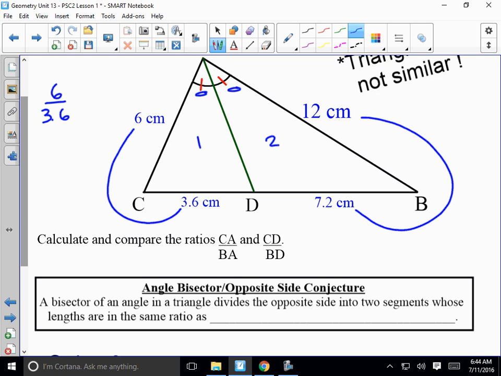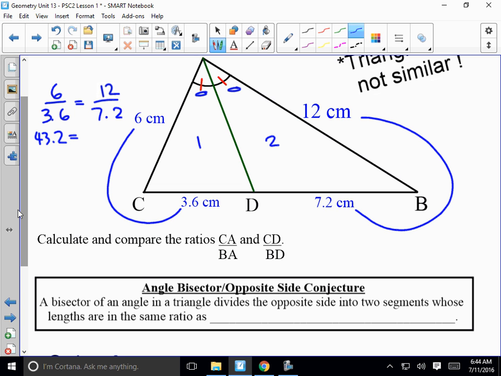So 6 over 3.6, the side over the base length, equals the side of 12 over the base length, 7.2. Now, some of you might have already noticed the scale factor, but we will go through and multiply. 6 times 7.2 equals 43.2.